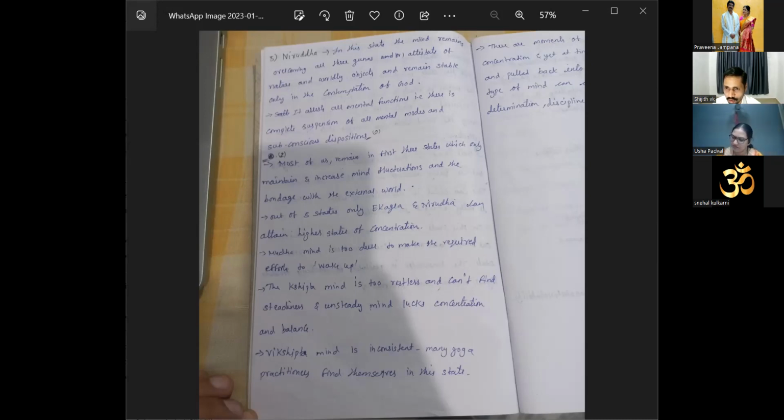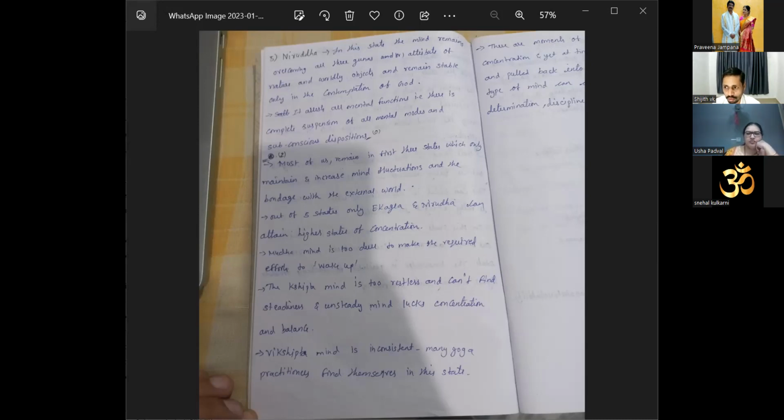You might have heard about Turyatita, meaning beyond the Turya. This is Gunatita, meaning beyond the gunas. Even Sattva Guna does not have an effect on the mind. It is overcoming all three gunas, the attributes of nature, and the worldly objects, and remains stable only in the contemplation of God.